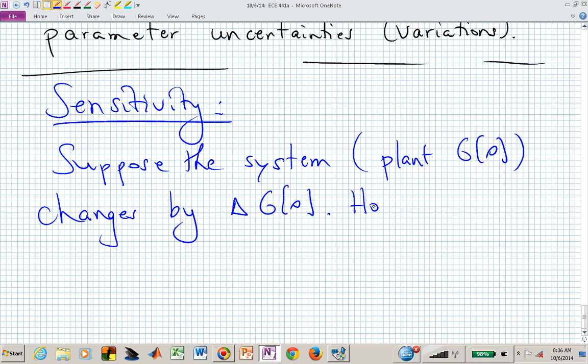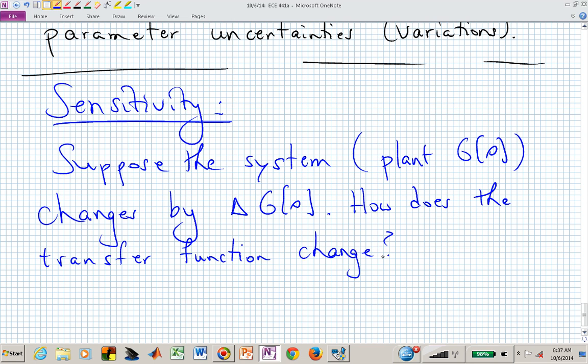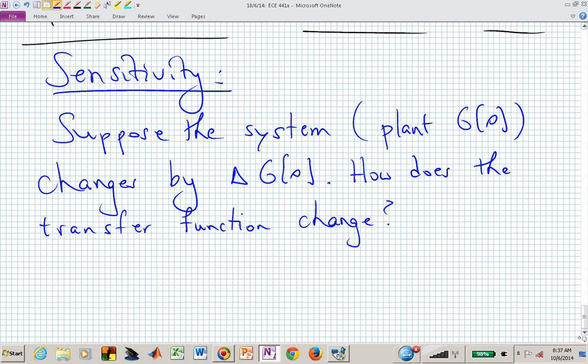We want to know, how does the overall system transfer function change as a result of that change in our system? How does the transfer function change in response to our plant change? Or we're asking, what is delta T of S?